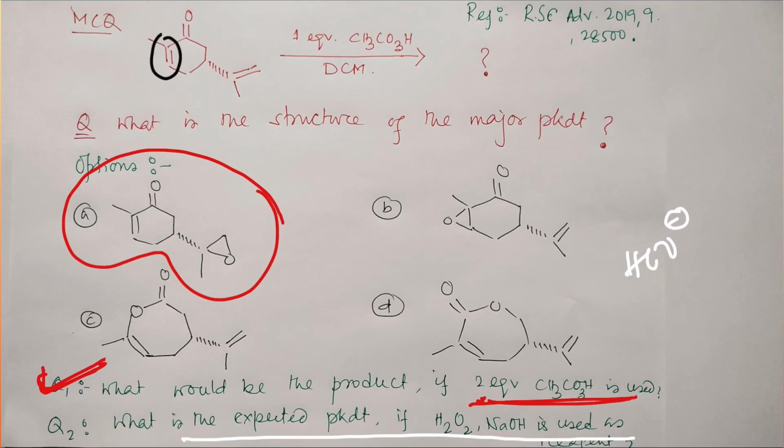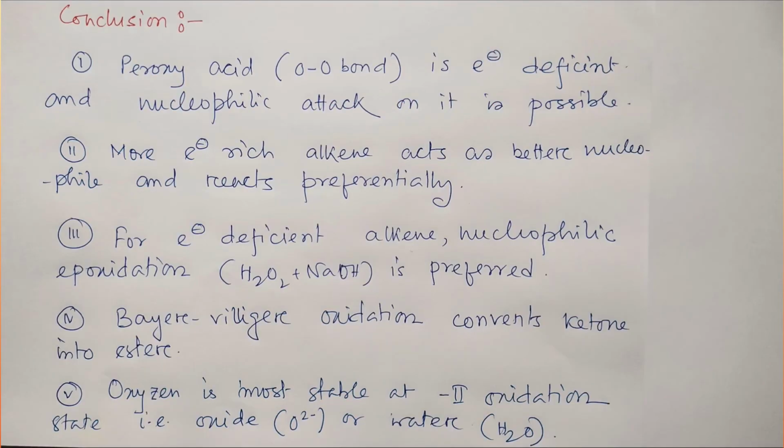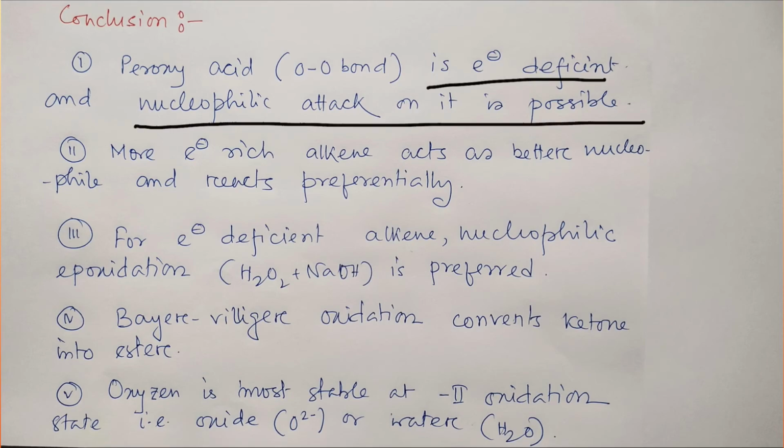In conclusion, what you have learned is that peroxy acids are electron deficient compounds, and nucleophilic attack on them is possible by an electron rich double bond, which can act as a better nucleophile. For electron deficient alkenes, we can choose the hydrogen peroxide and sodium hydroxide combination.